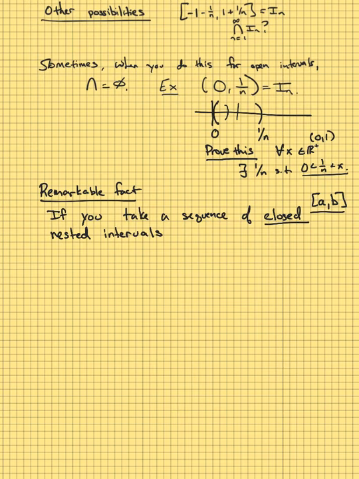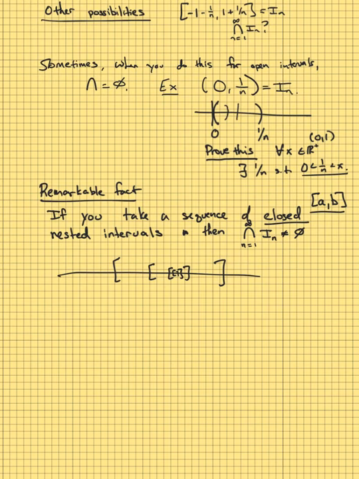If you take a sequence like this, which is nested and has infinite intersection, then the intersection is not the empty set. Okay? So if I do this for closed intervals, what this theorem is saying, and we'll prove it soon, is that you always see something in the intersection, no matter how you nest them.